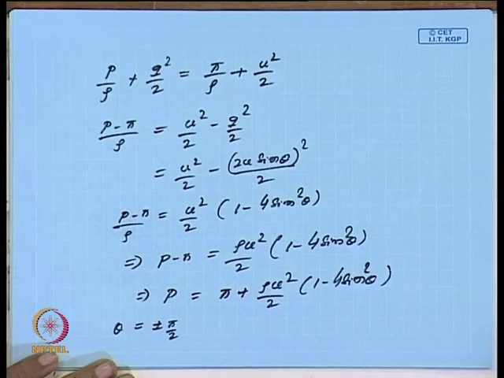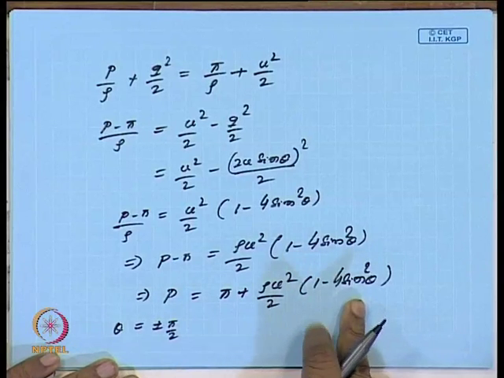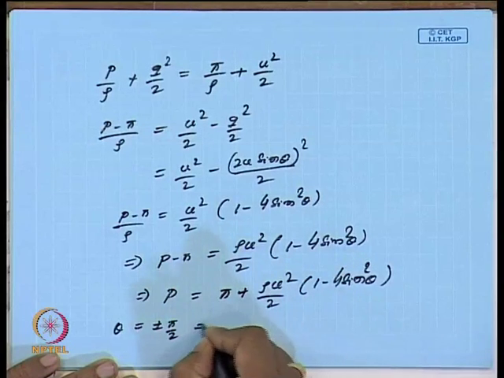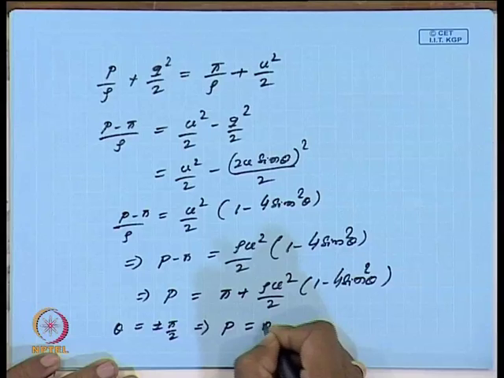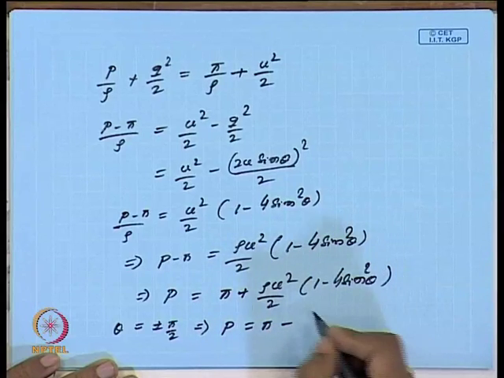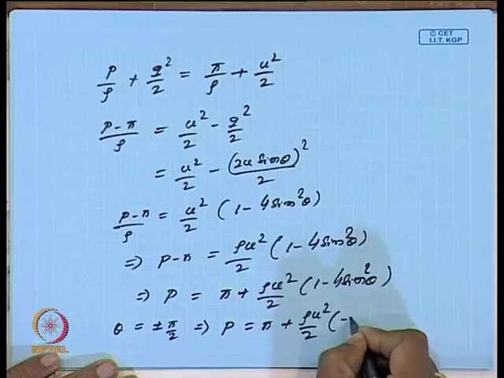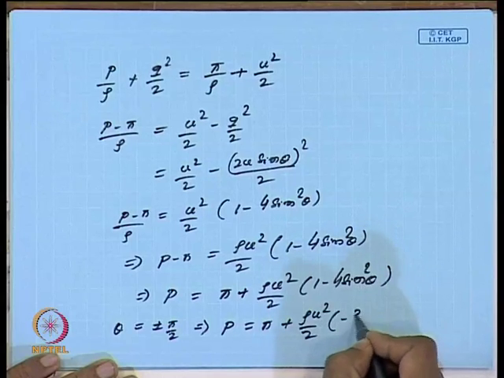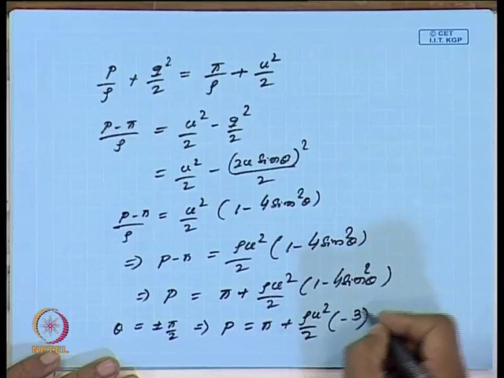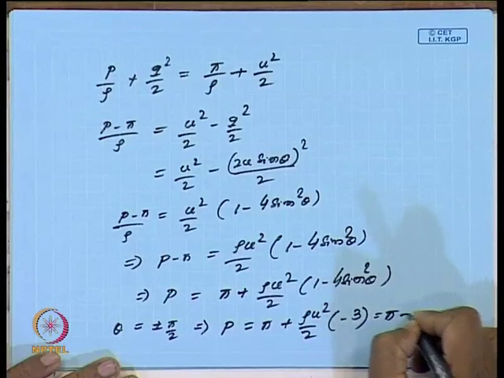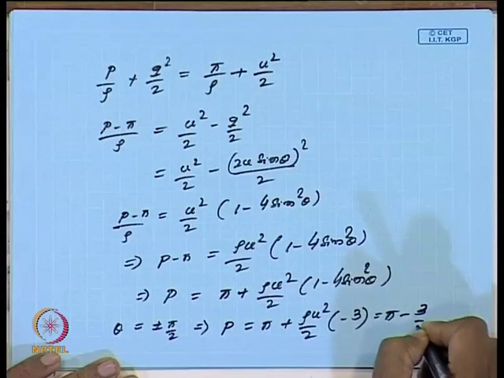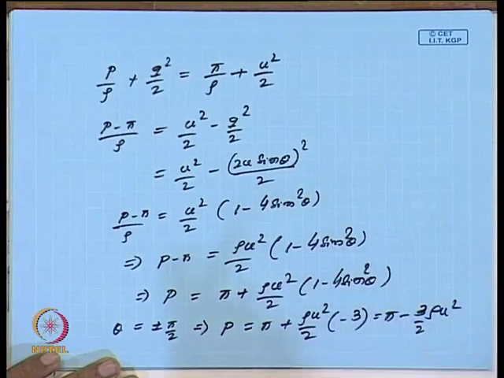If theta is plus minus pi by 2, sin square theta will give me 1, which implies my p will be pi plus rho u square by 2 into minus 3, which is pi minus 3 by 2 rho u square.